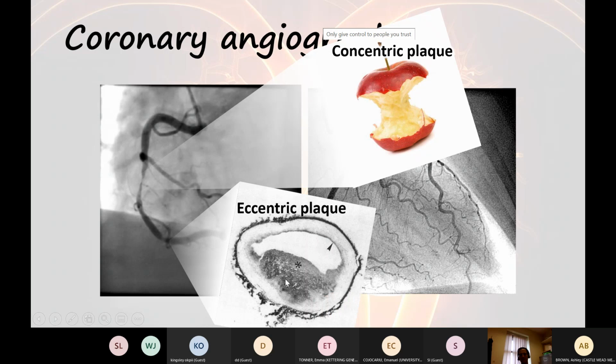So imagine this whole thing filled with contrast and you're taking a picture through in this direction. Your picture contains the accumulated depth of contrast here, and so it's dark. But if you halve that depth of contrast, it becomes much fainter, as it is here. So plaques can be like this apple core, but very often they're more eccentric than that. And we have to look at the heart from different angles in order to actually see which arteries are narrowed or not. And this narrowing might look like this in another view.